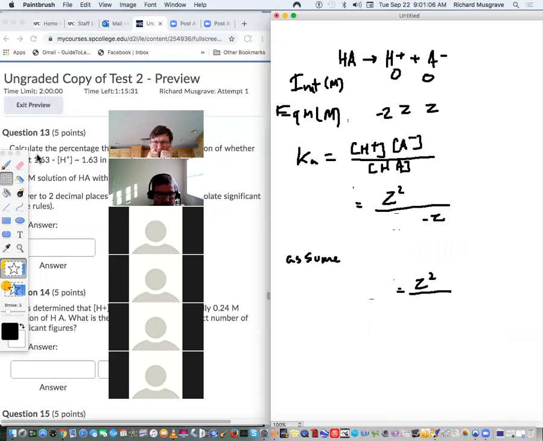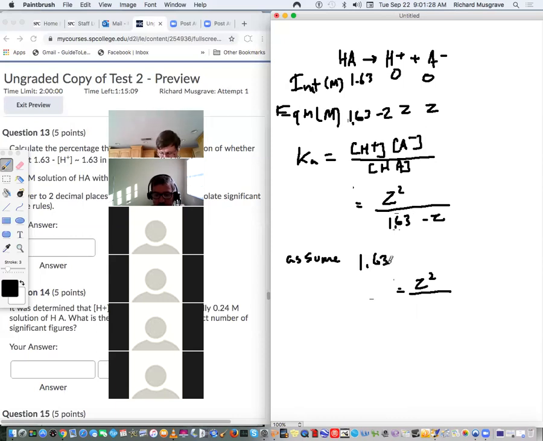All right, so let's put this back in. So we've got 1.63 as being the HA concentration. And we've got 1.63 minus Z over here. And then it'll be 1.63 minus Z in the equation. And we're going to assume that 1.63 minus Z is approximately 1.63.